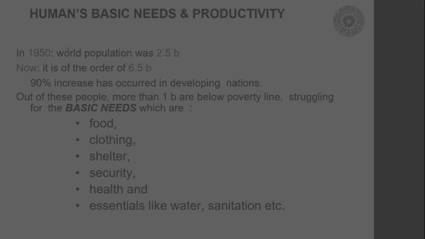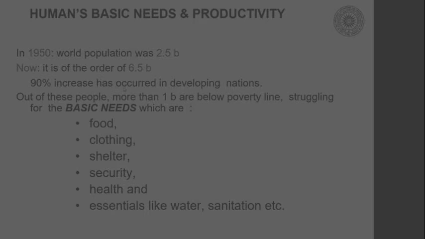Now, human needs and productivity. In 1950, the world population was around 2.5 billion. Now it is of the order of 6.5 to 7 billion. So there is almost a 90 to 92% increase, which has occurred in the developing nations.